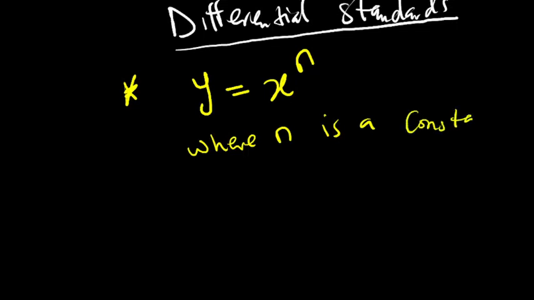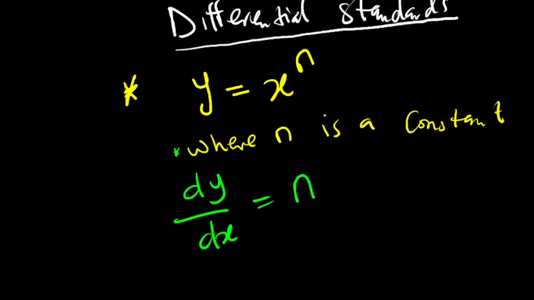Don't forget that. This is very important. Where n is a constant, dy/dx is n comes down, you have n, x raised to n minus 1. That is the standard, the first standard.